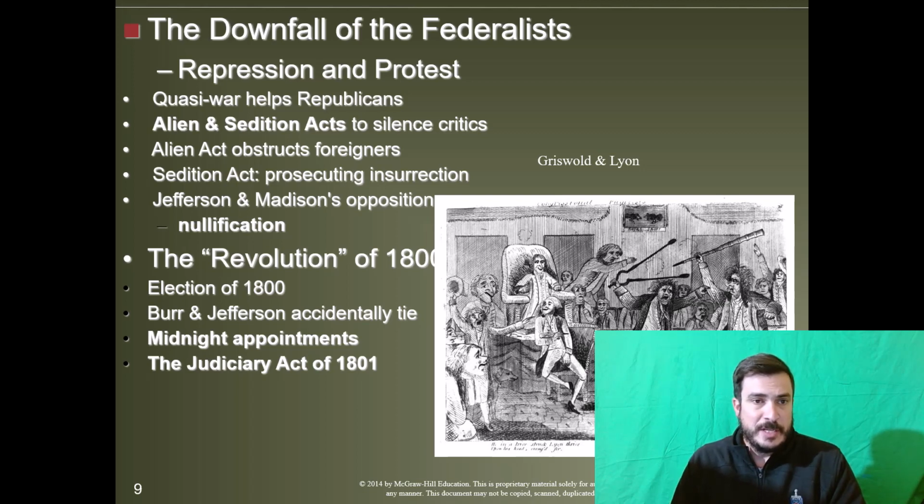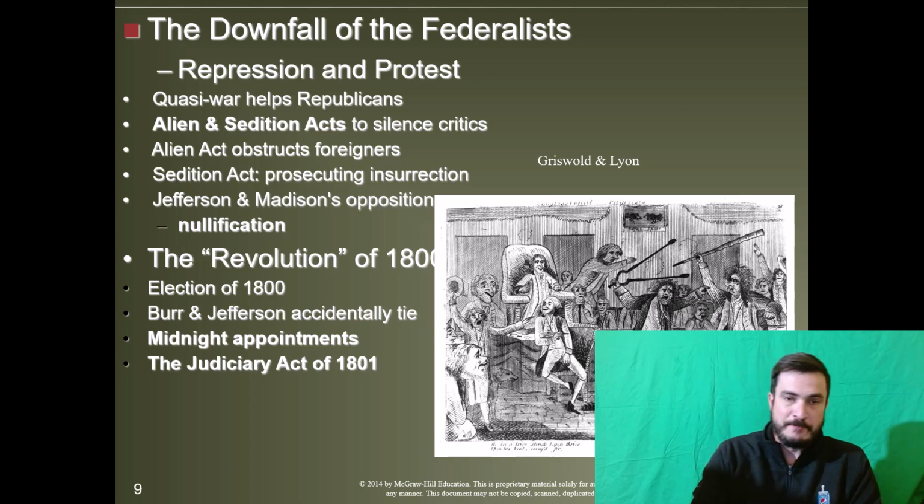Political factions in the United States, both refusing to acknowledge the legitimacy of the other and threatening to throw a wet blanket over that warm feeling of cozy national togetherness that was developing after America's War of Independence. So great uncertainty, political divisiveness, and a period that really will stand in stark contrast to what comes after the 1790s. We'll call that the era of good feelings. That's coming up very shortly.